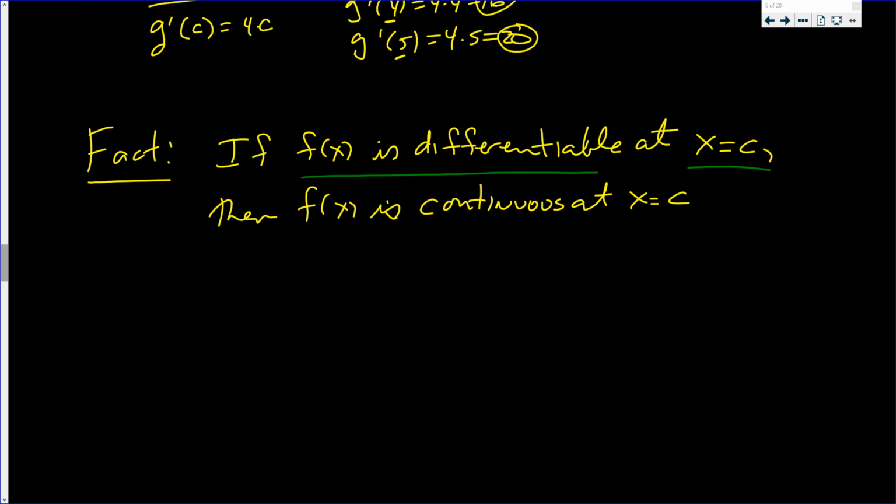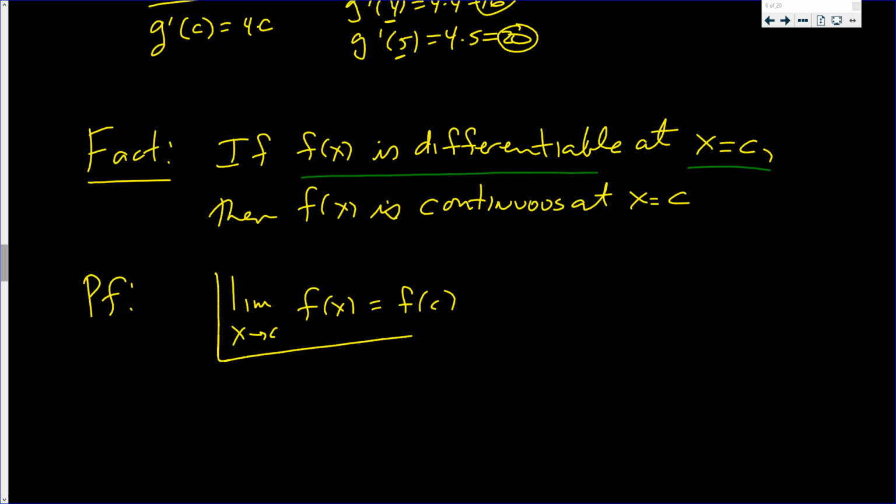Okay, so let us prove this, and then we'll be done. So now, just give me a moment. I claim that if the limit as x goes to c of f of x equals f of c, then this is continuous.